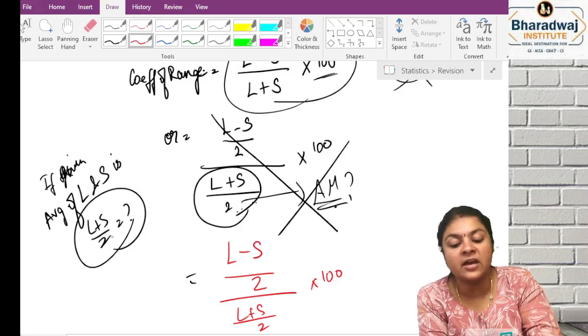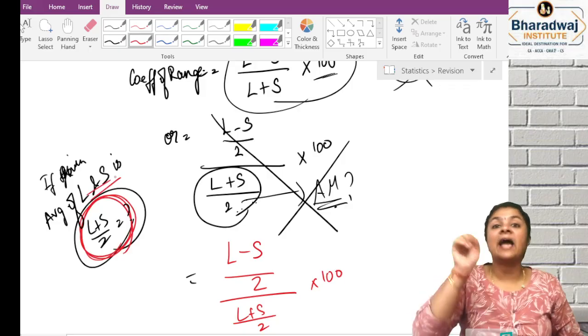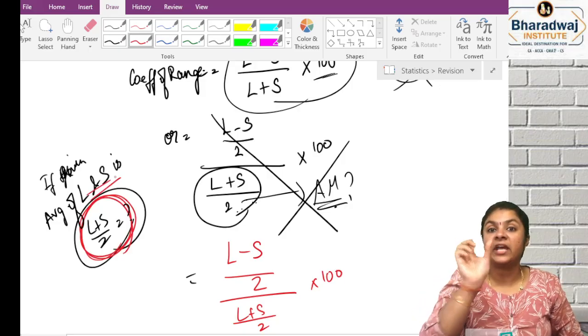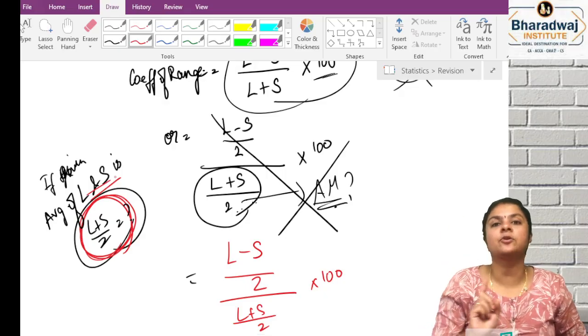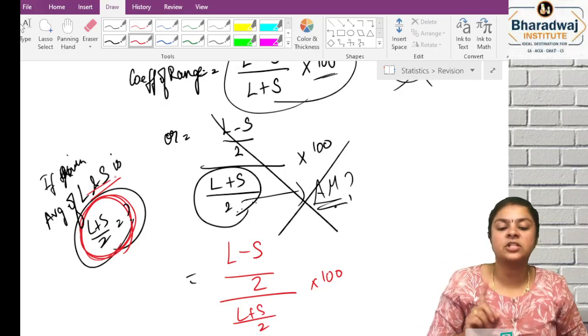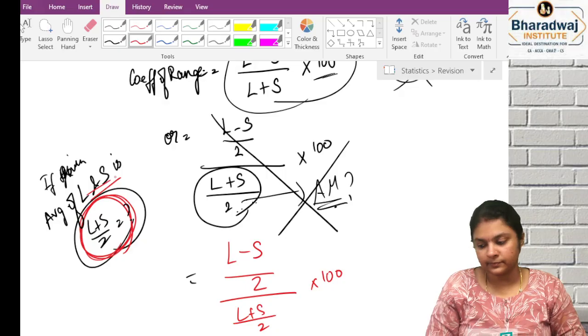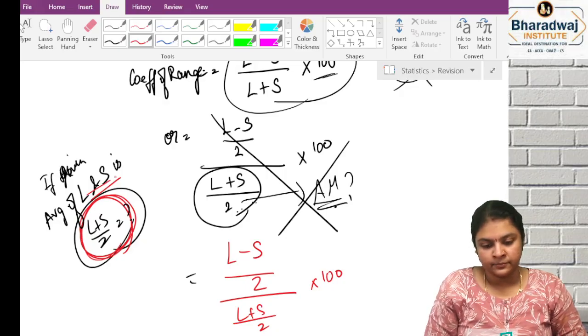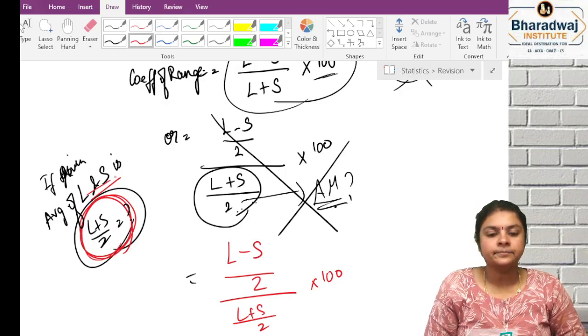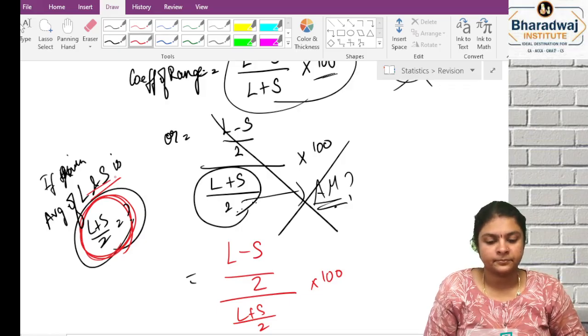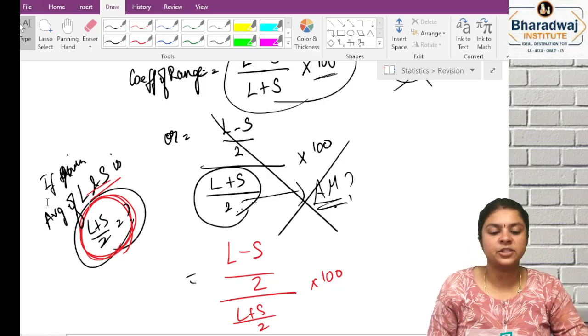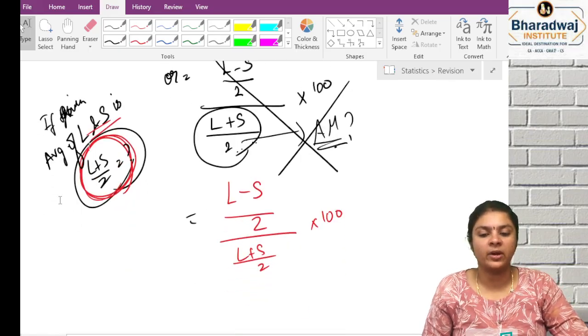You can use it when they specifically give you the average of L and S, not the average of observations. If the average of L and S is given, you can use this. If the average of observations is given, you cannot use this. Remember it. Am I clear? Yes, ma'am. Okay. So this is about the first measure, which is range and its coefficient.